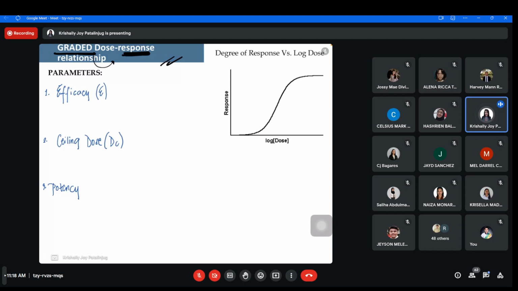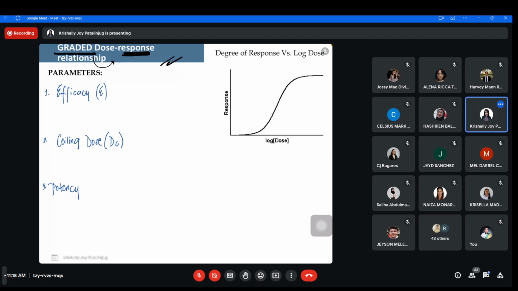So it is observed on a large scale, by population basis, and that's the time the quantal dose response relationship is used. But if it is individual, it's individual. Okay? So I hope you understand that.